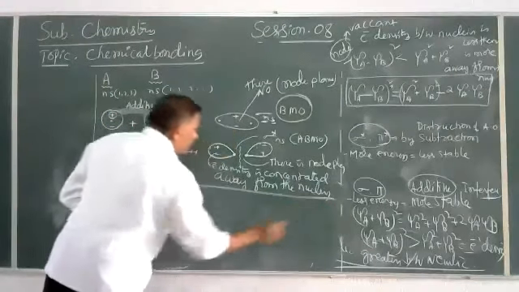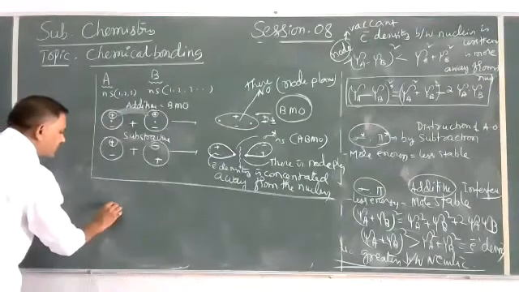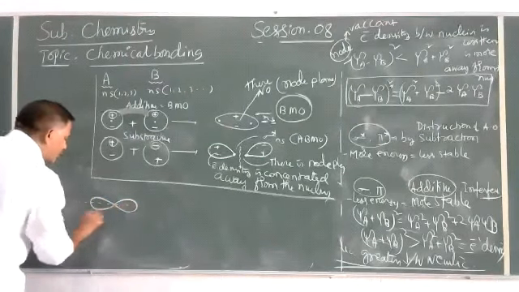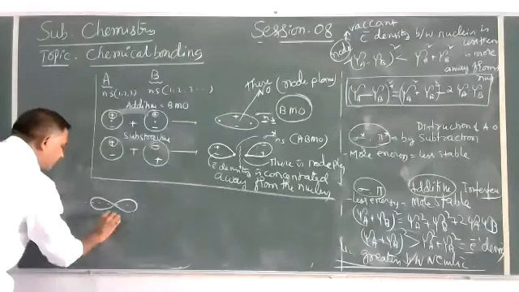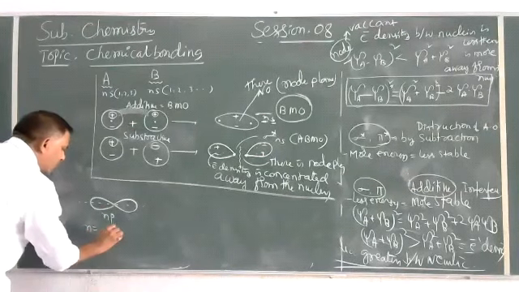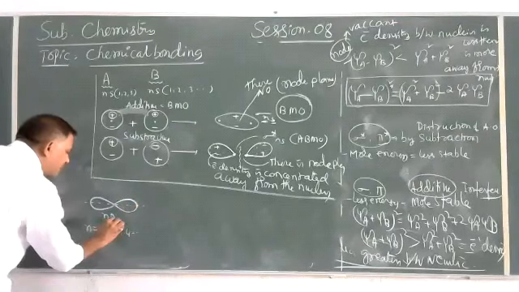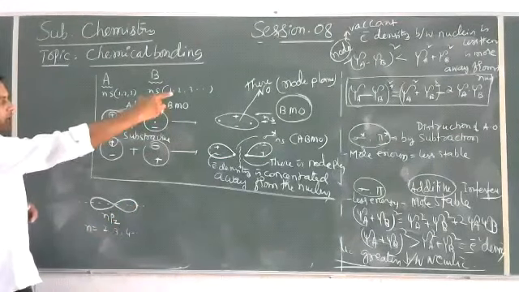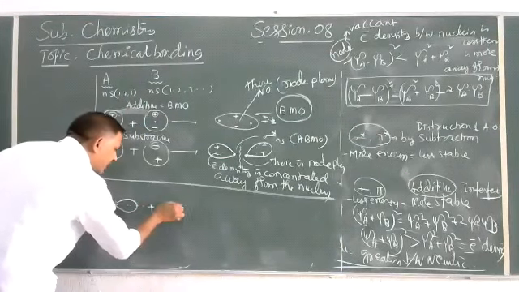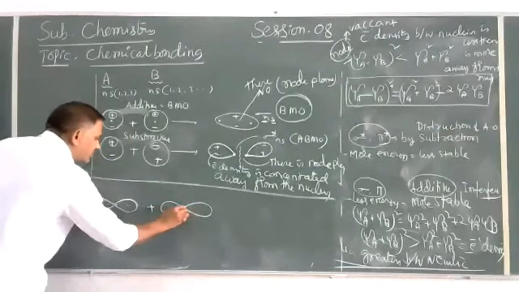Similarly, for the p subshell, for example, one atomic orbital with the internuclear axis here is 2pz. For np, n starts with 2 only: 2, 3, 4, like this. It is generally npz because z is considered as the internuclear axis, and this is another atomic p orbital. Now this is the internuclear axis, the nucleus.